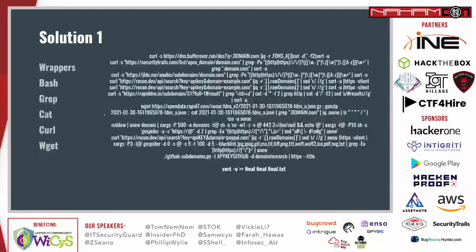You can get all those tools from GitHub, clone them to your PC, and write a wrapper that combines them all and does the magic for you. However, you will have to use a lot of grep and cat and curl and pipe them left and right. And in the end, it will potentially work and give you the results that you need.